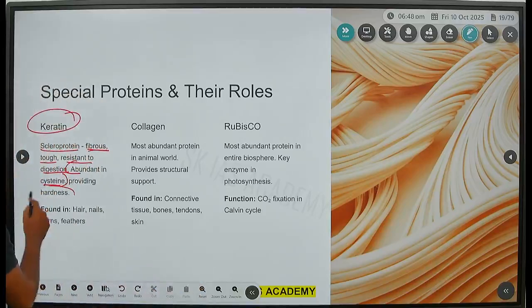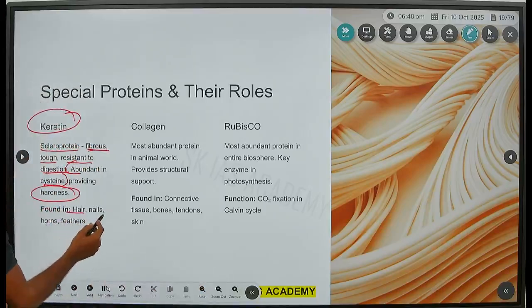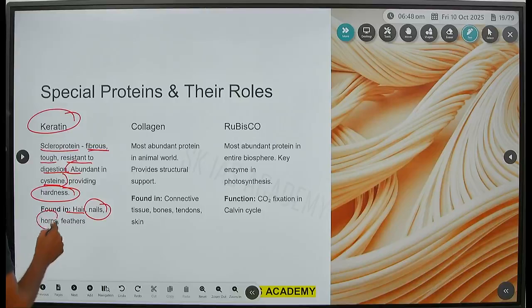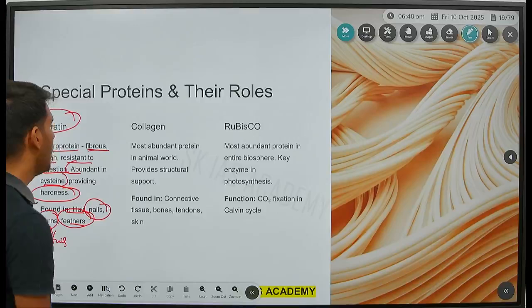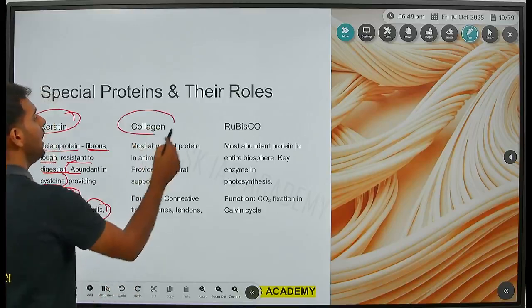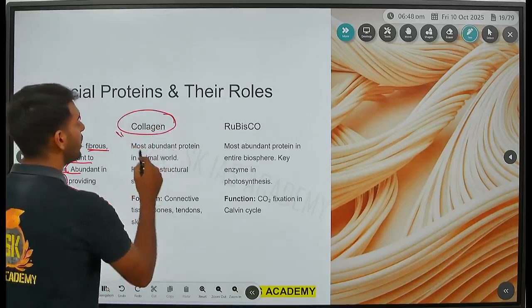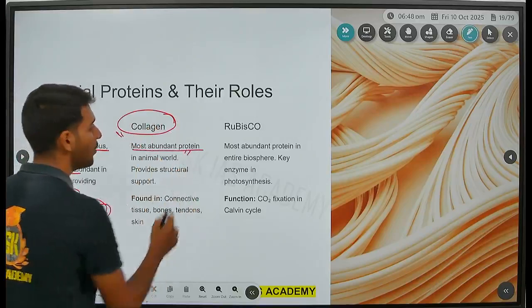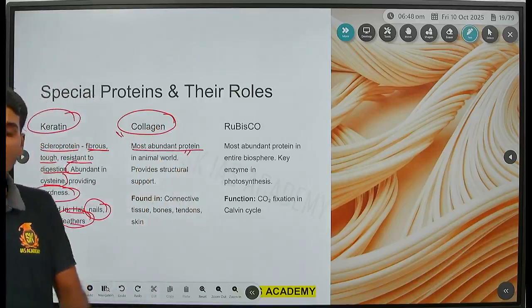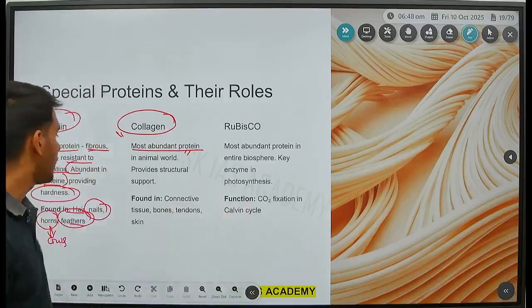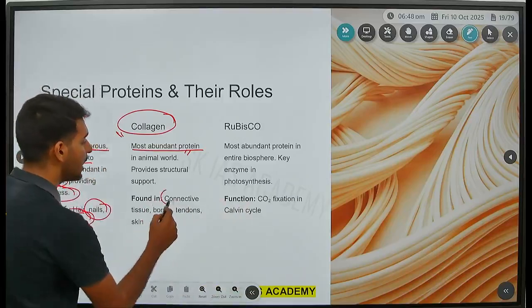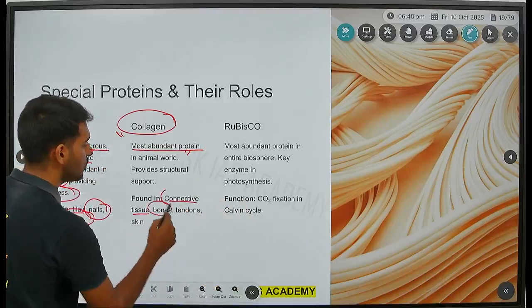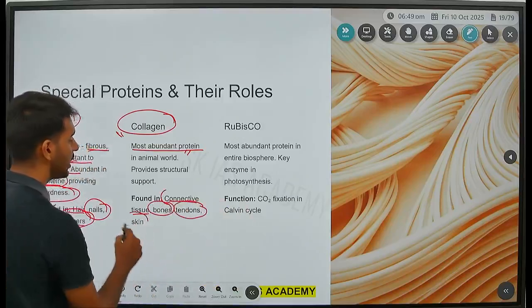It provides hardness, found in hair, nails, horns of cows and buffaloes, and also in feathers of birds. Then we have collagen, the most abundant protein in the animal world, found in connective tissues, bones, tendons, skin.